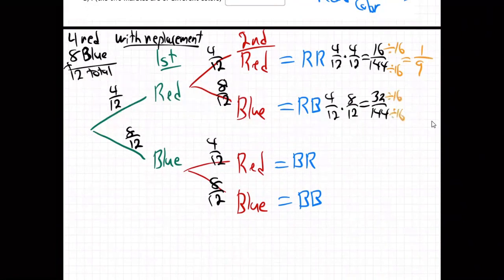Again, for me, it's divided by 16, top and bottom, which will be 2/9. That's the chance of red then blue, 2/9.